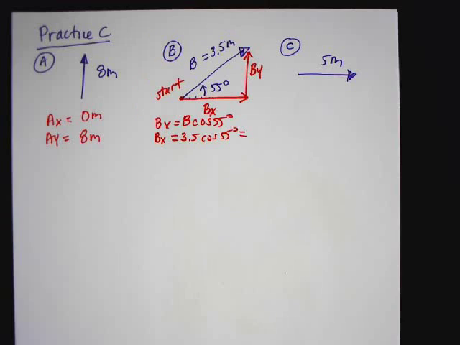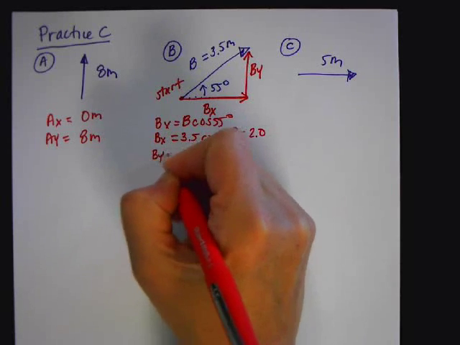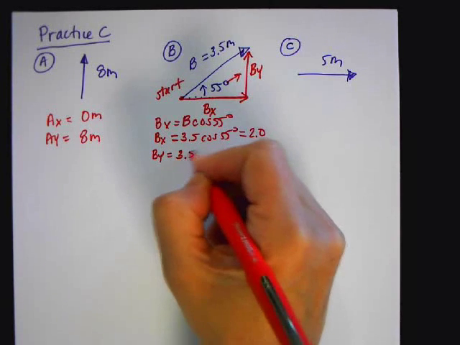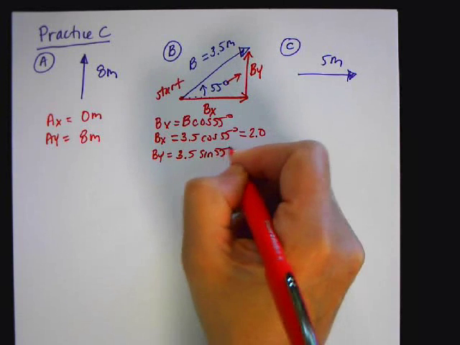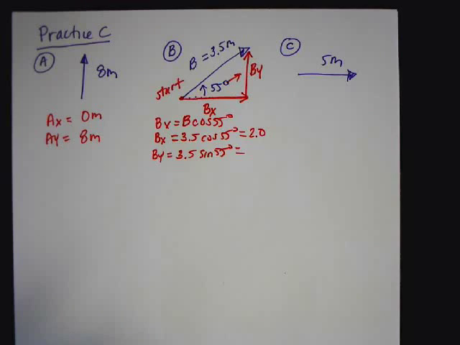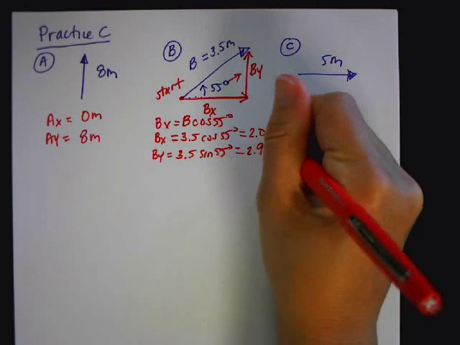And then BY is opposite the given angle, so it's going to be 3.5 times sine of 55. That comes out to be 2.86, and I'll just say 2.9. Then when I look at C, C is all horizontal, so CX is equal to 5, and CY is equal to 0.